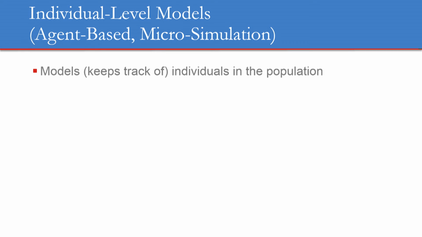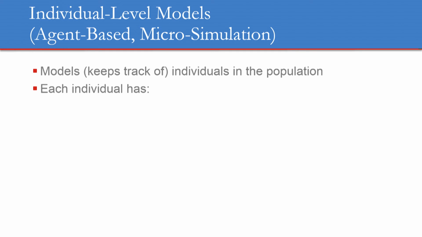Now, let's look at individual models. You will recall that in the population-based models, we talk about various population groups, with groups being mutually exclusive, with homogeneity within groups, and that each population group could be subdivided along the lines of certain characteristics. Well, individual-level models keep track of individuals within a population.